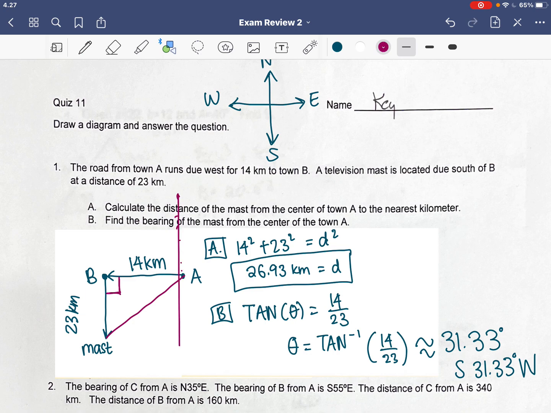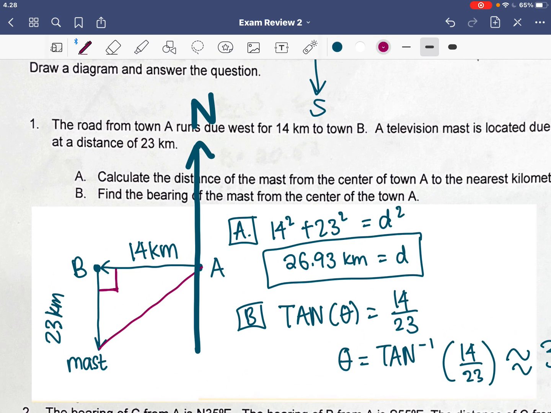Just put it in. Okay, true north. So it's asking us to find the bearing of the mast from the center of the town A. So from town A, where is it at, right? So, oops, it doesn't go through my town A though. Maybe I just do this. Okay, north. Yeah, again, excuse the background noise.